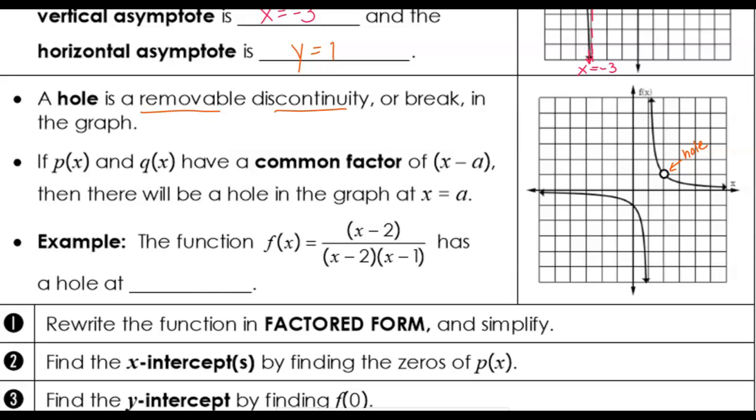So in this little example here, we have x minus 2 over x minus 2 times x minus 1. We have a common factor between the numerator and the denominator. It will actually cancel out of our equation.